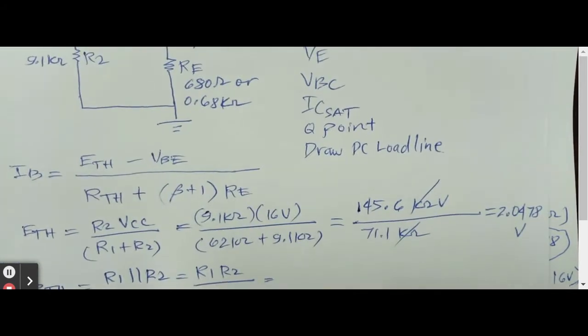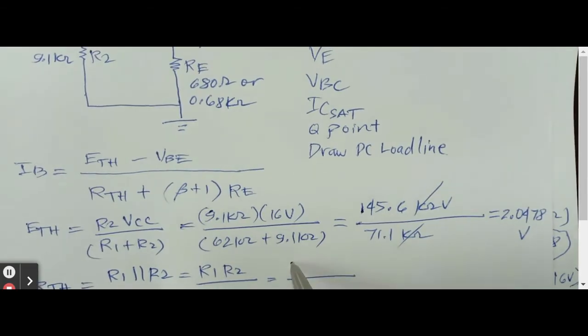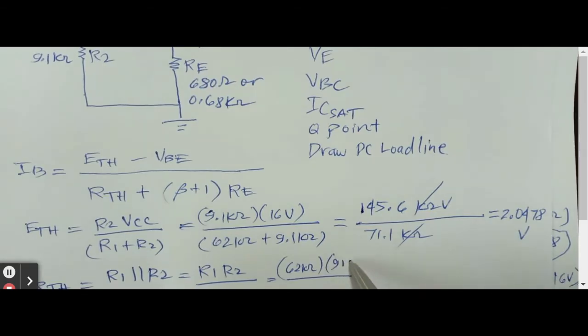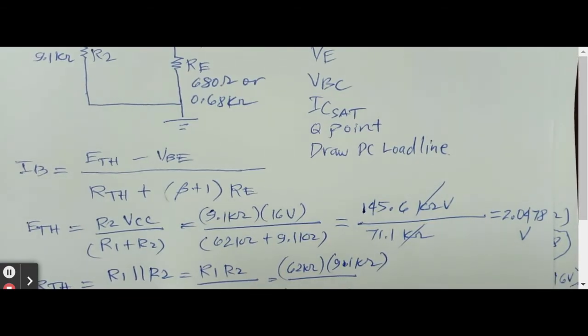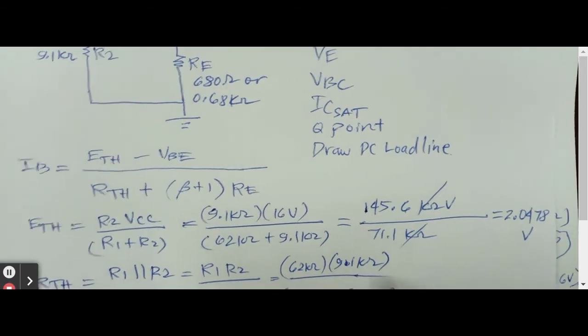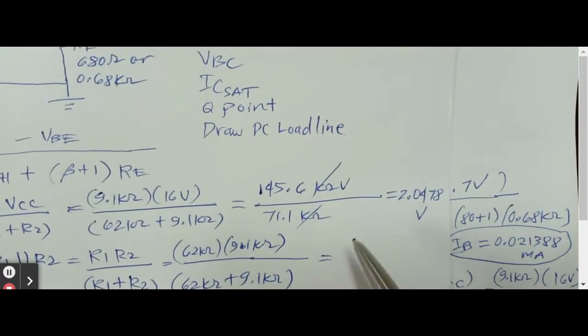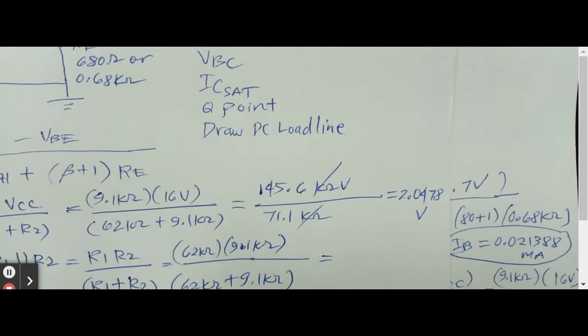That's our ETH. And then here we will put 62 kilo ohms multiplied by 9.1 kilo ohms divided by 62 kilo ohms plus 9.1 kilo ohms. So if we multiply 62 multiplied by 9.1, we'll get 564.2 kilo ohms.